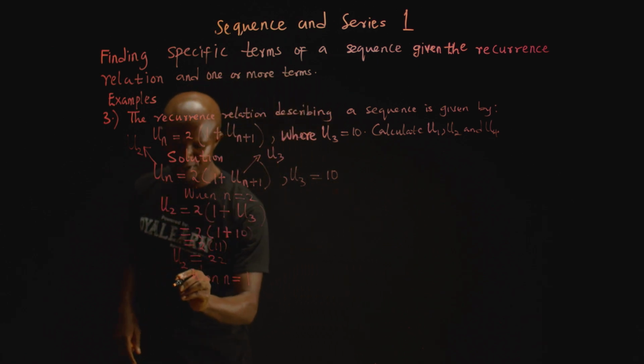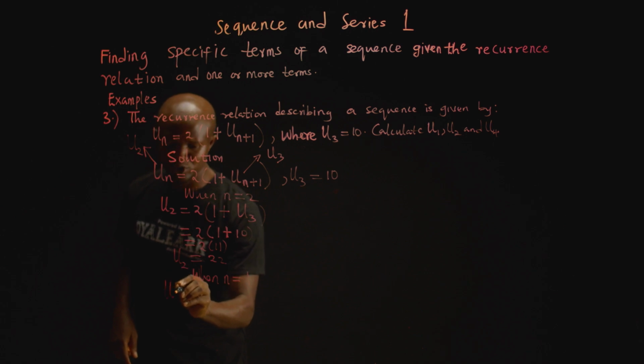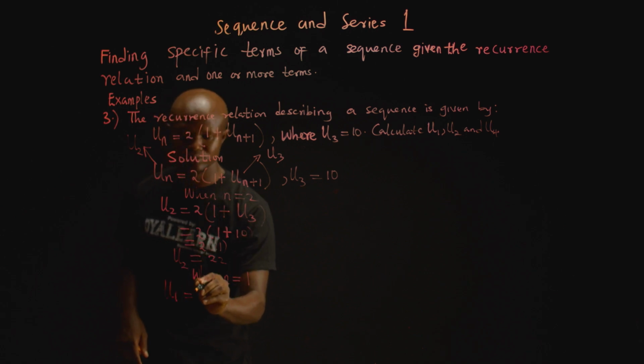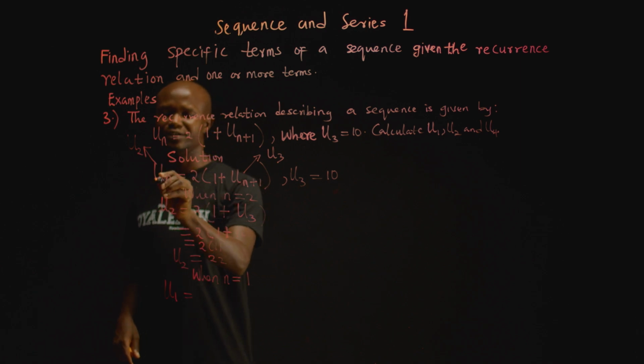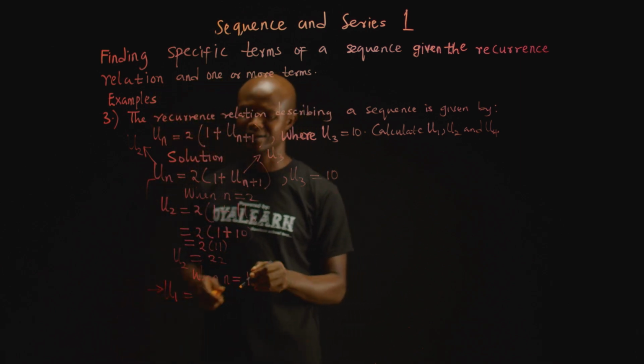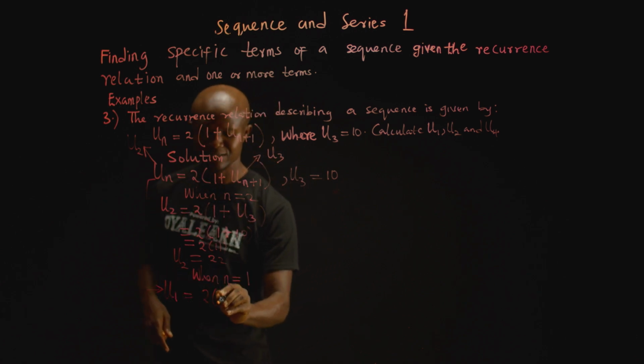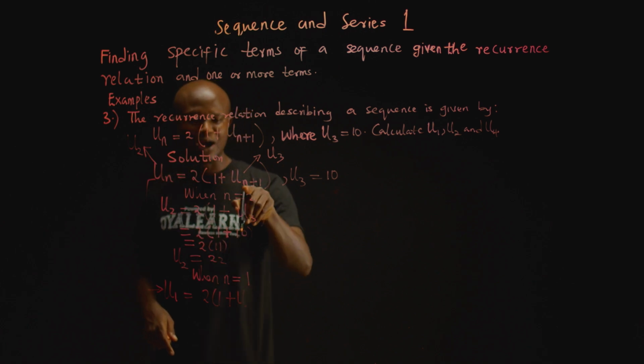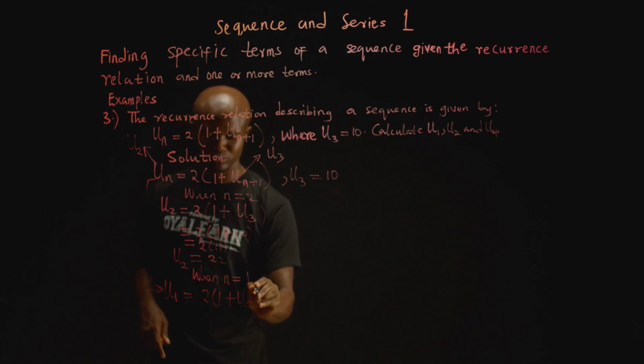So u_1 will be equal to, from the recurrence relation, anywhere we see n, we put 1. So we have 2 into bracket 1 plus u_{1+1}, that is u_2.